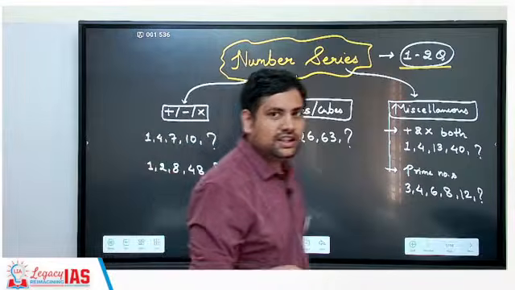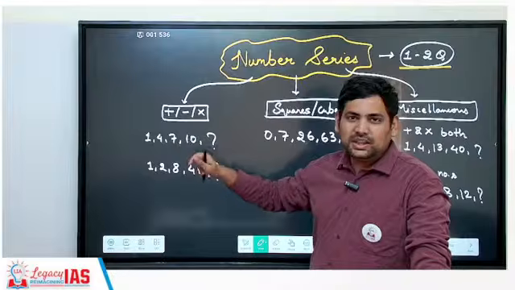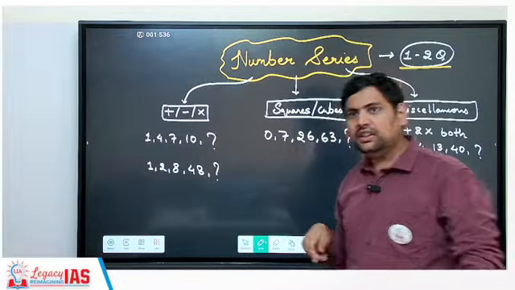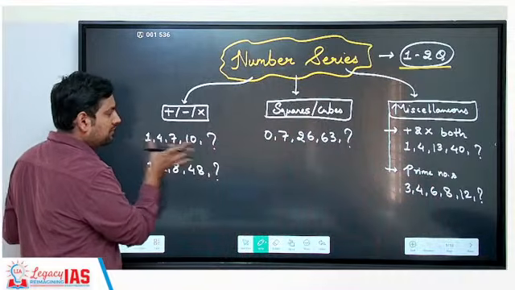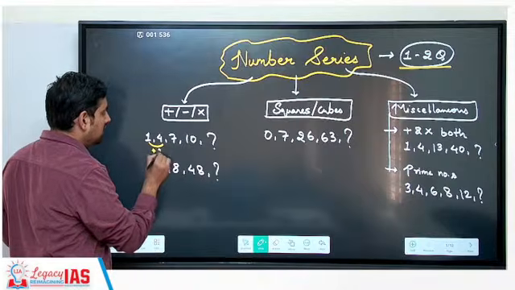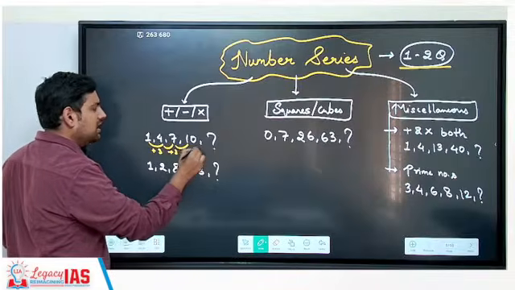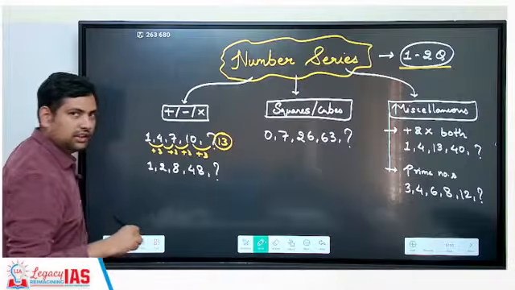First kind of series is the normal ones that you always are used to seeing. This is based on some plus, minus or multiplication. Now, for example, if you observe this series, this is 1 and 4, so this is plus 3, this is also plus 3, this is also plus 3, 7 and 10, next will also be plus 3, so the answer would be 30.